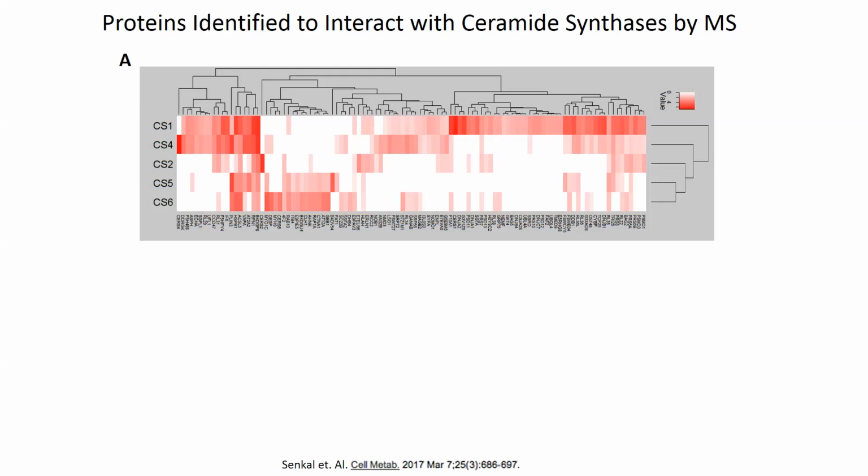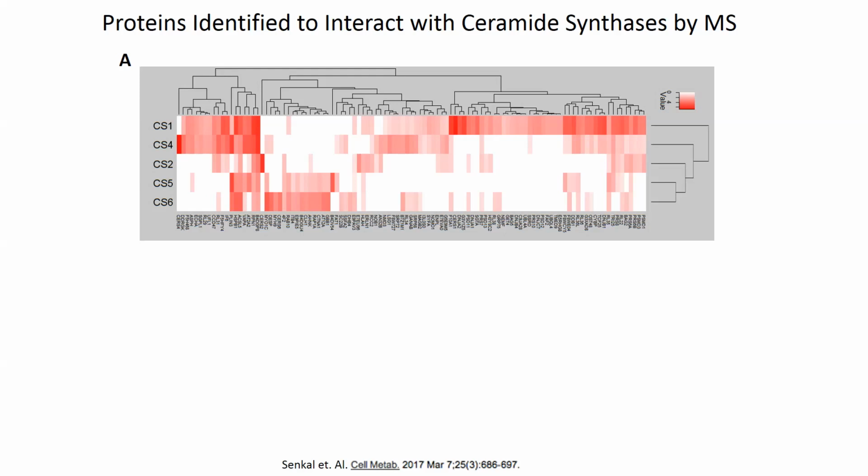He decided that to understand how these different enzymes work, he was going to immunoprecipitate them, tagging all 6 with a flag tag, like a light bulb, and then bring that down and see what other proteins associate, and whether they associate differently or the same, in order to understand their function. These are the different ceramide synthases, and the red is proteins that associate with each individual one, using a proteomic approach.